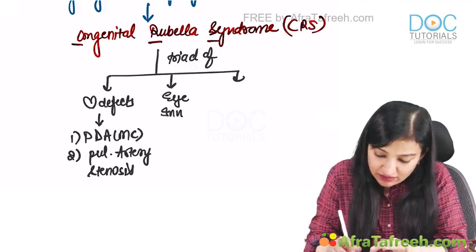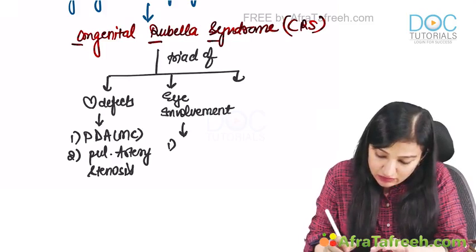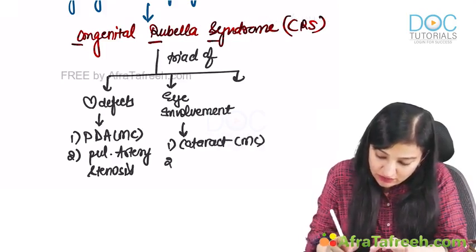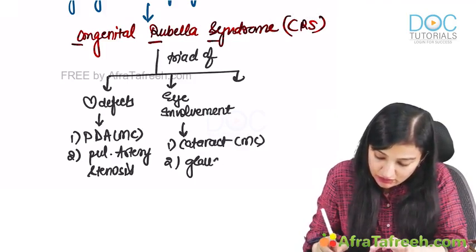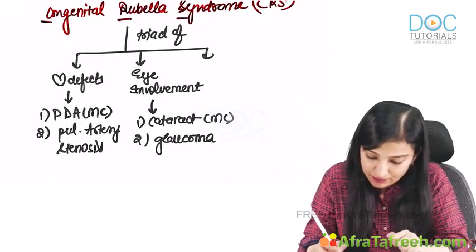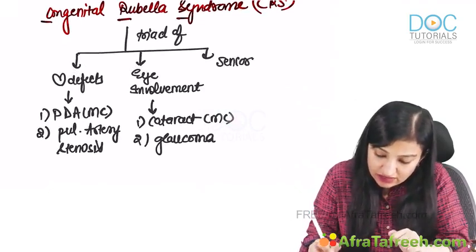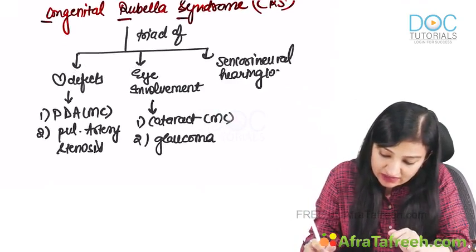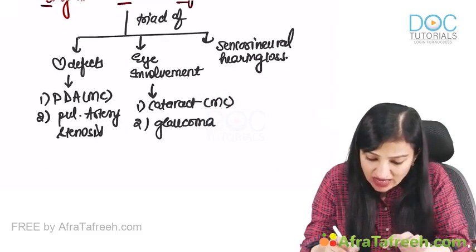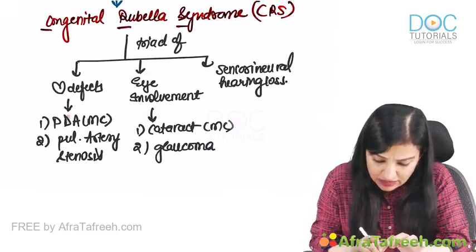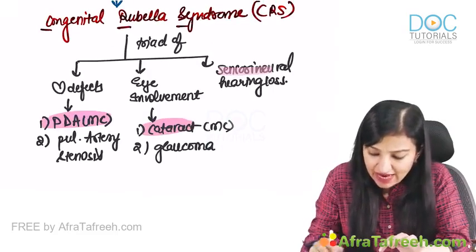Eye involvement, cataract most commonly, or glaucoma can also occur less commonly. And sensorineural hearing loss, that is deafness. Now the classic triad is, remember, PDA, cataract and deafness.